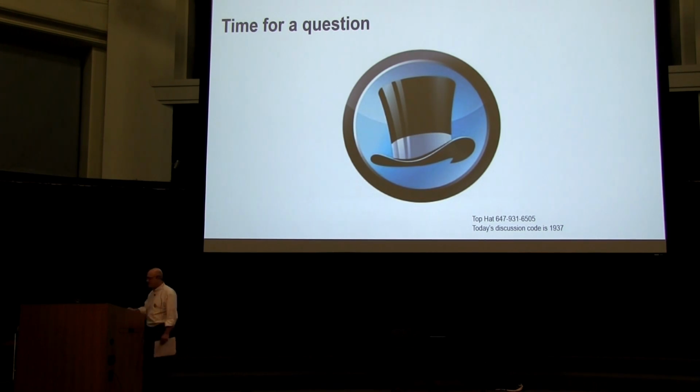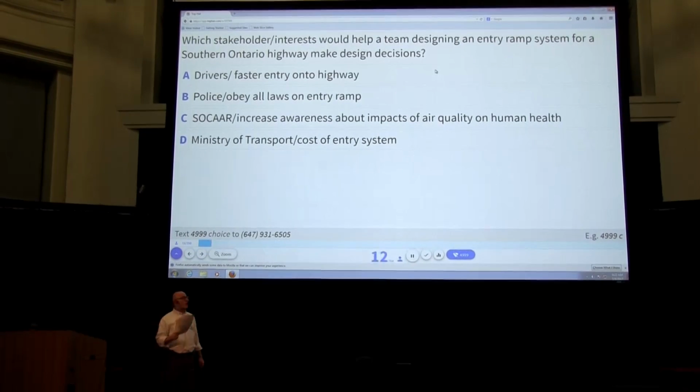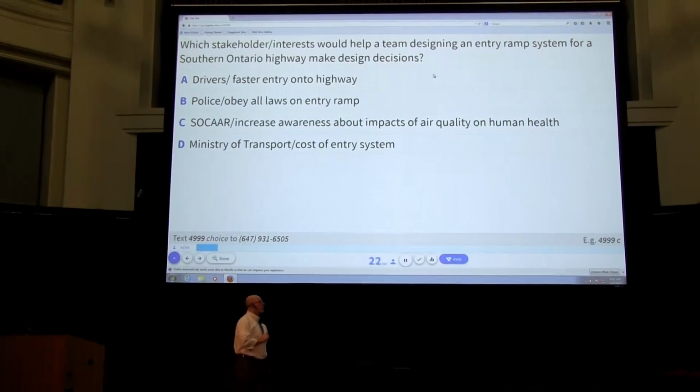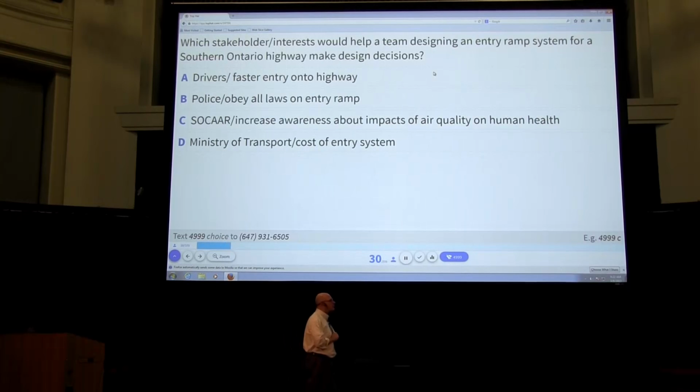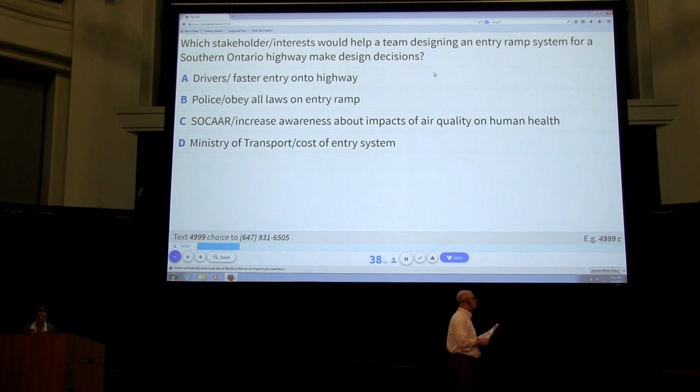Your turn. So now it's time for a question. Which stakeholder interests would help a team designing an entry ramp system for a Southern Ontario highway to make design decisions?